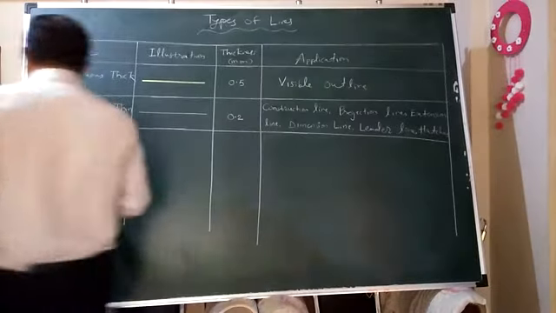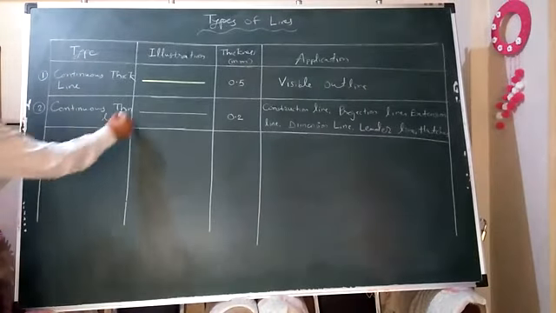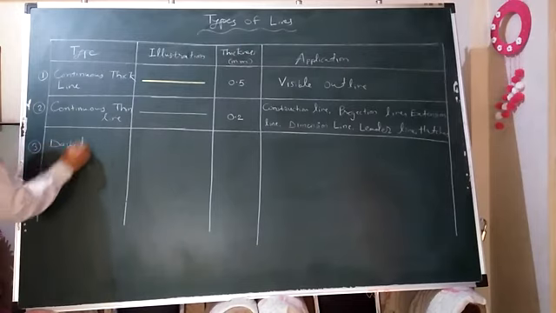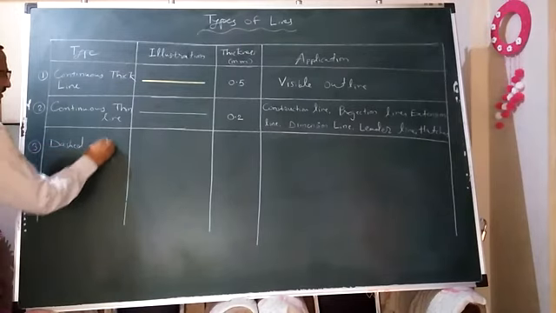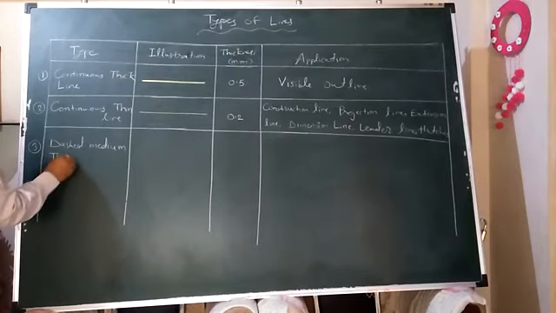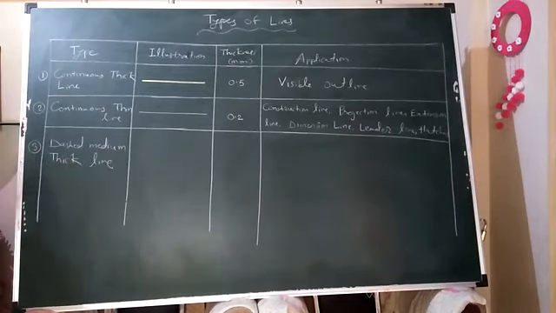The next kind of line: continuous thin line we have seen, continuous thick line we have seen. The third kind of line is the dashed medium thick line.